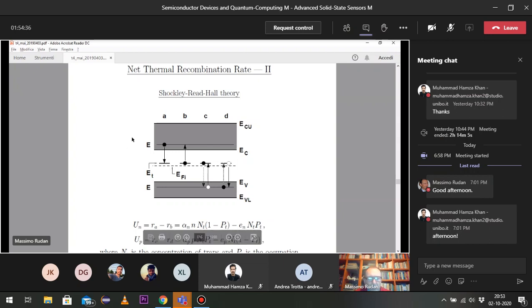And then we distinguish first events of type A. Events of type A are the transition of an electron from a state in the conduction band into the trap. You remember that electrons don't like to stay together. So for this electron to make this transition, initially the trap must be empty. If the trap is already filled, it is impossible for another electron to make the transition.